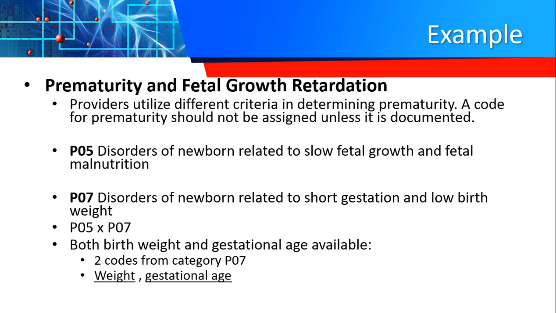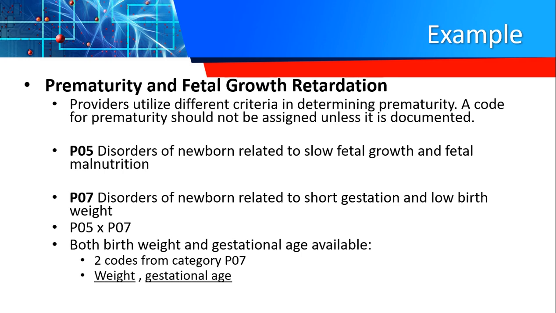Your P05 can be a full-term baby, but it is malnourished. There's a slow fetal growth because the fetus is malnourished. So P05 can be a full term, but there's a fetal growth retardation because the fetus is malnourished.